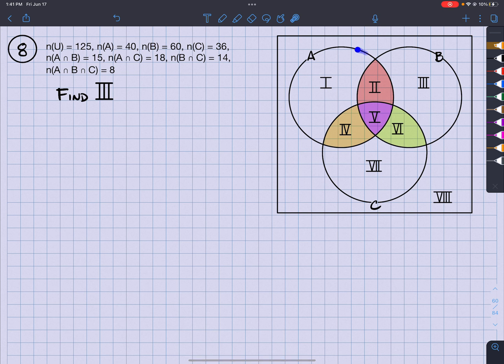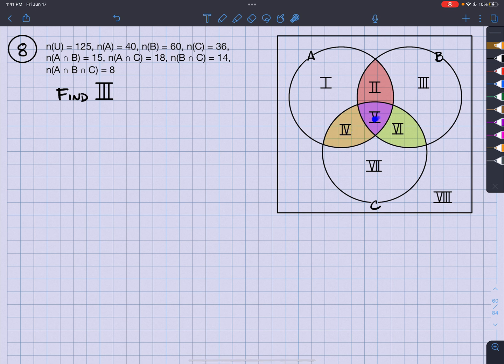Okay? A is all of this. That's going to give me 40. And B has 60. C has 36. A intersect with B means zone 2 and 5 has 15.